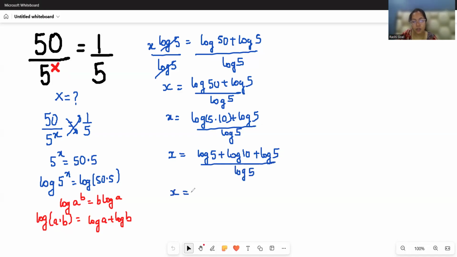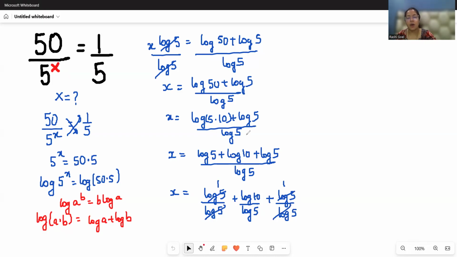So x is equal to log 5 by log 5 plus log 10 by log 5 plus log 5 by log 5. So this will cancel out and this will cancel out, gives 1, 1. So x is equal to 1 plus 1 plus log 10 as log 5 times 2 by log 5.